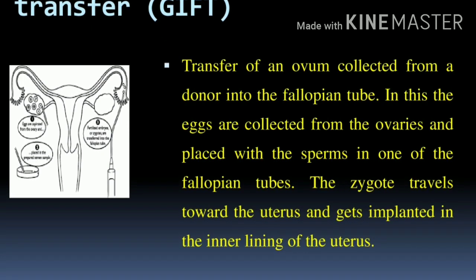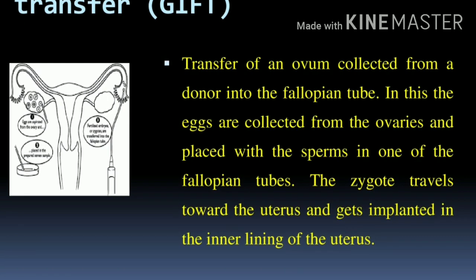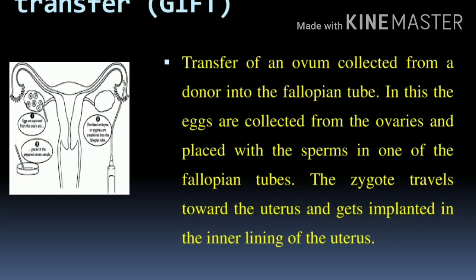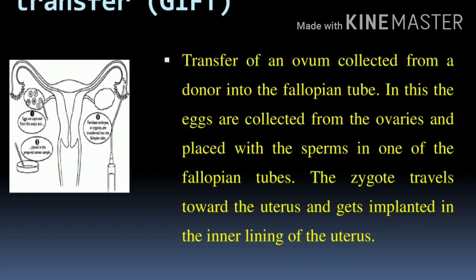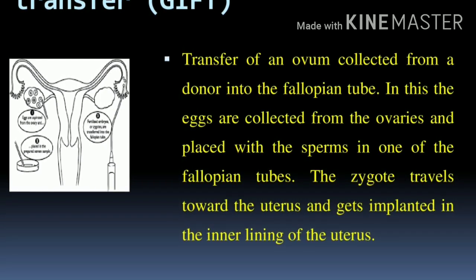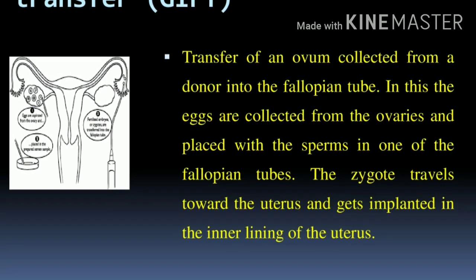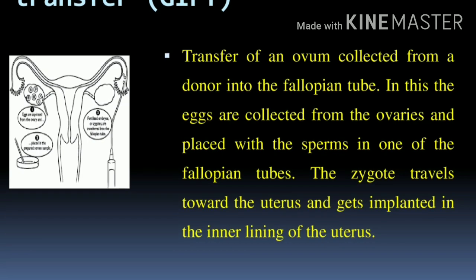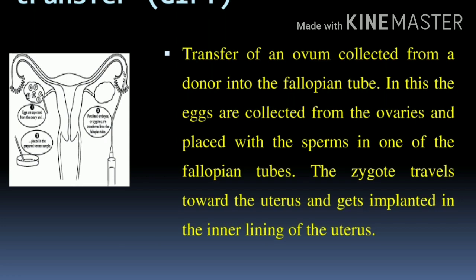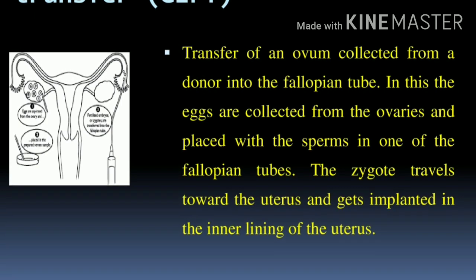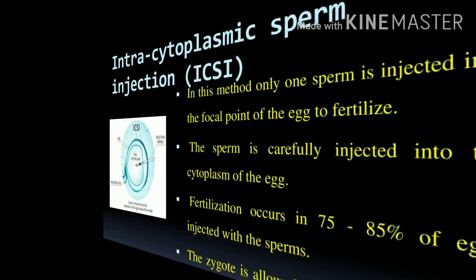But in GIFT, the ovum is collected directly from the donor and placed into the fallopian tube of the infertile, that is the recipient woman. The sperms are allowed in the fallopian tube to form a zygote, and the zygote is implanted in the inner lining of the uterus. So this is an important 2-mark and 3-mark question: differentiate between GIFT and ZIFT.